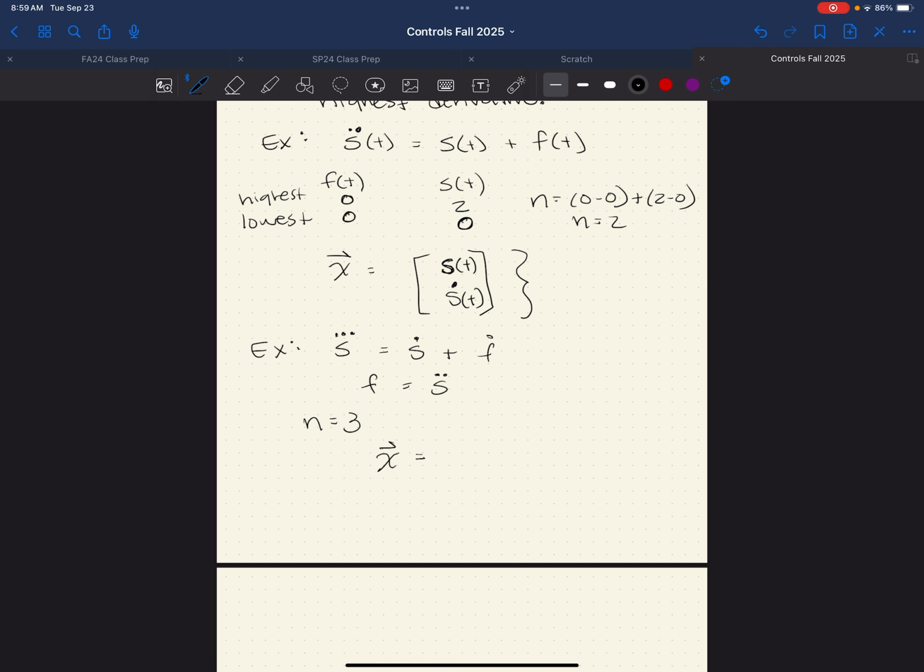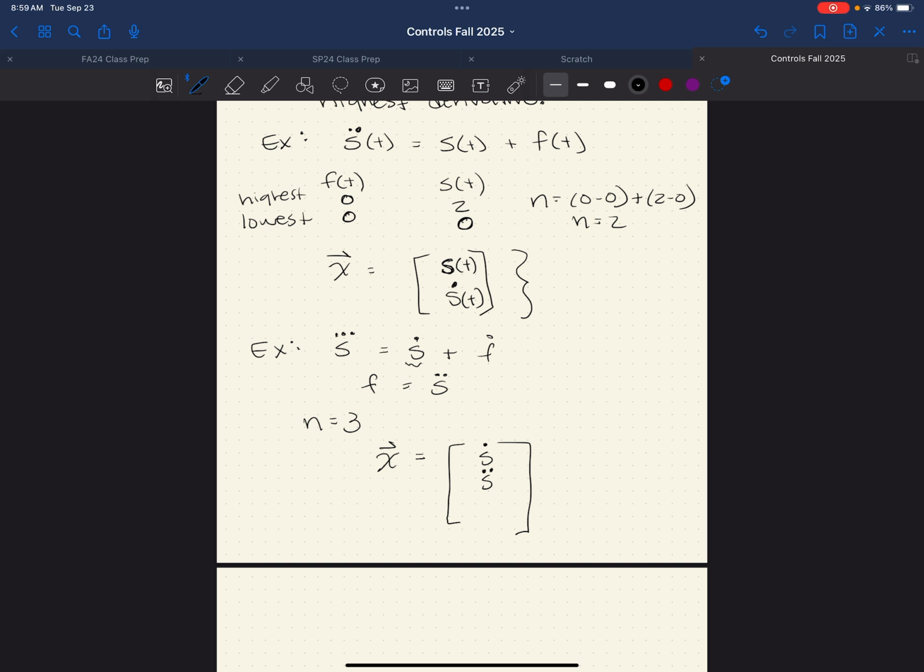So x equals something with 3 quantities. All right, so let's start with our lowest order of s. Our lowest order of s in these 2 equations is the first derivative. So I need to start with this first quantity as s dot. I go up 1, I get my second order, but I do not include my highest order of s, so I do not include s triple dot.